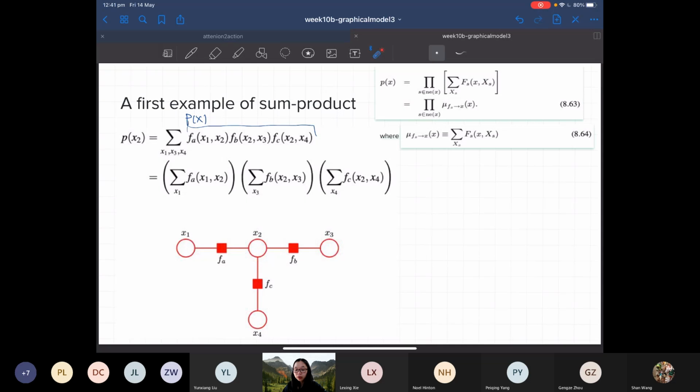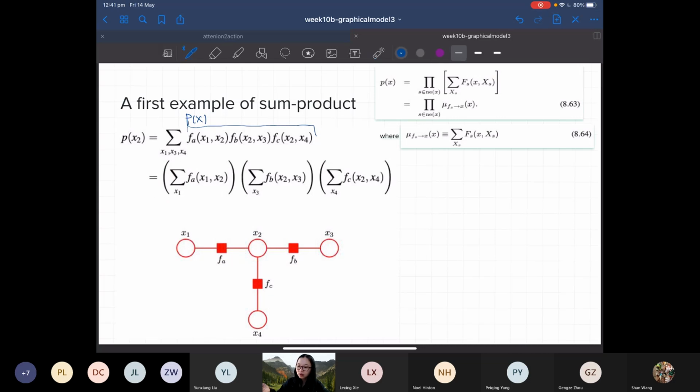What we do is we essentially exchange the order of product and sums, right? We take f of a, for example. We take the product, or basically the product here, because there's only one factor, the product is itself, f of a, marginalized over all the nodes that connect to x2 via f of a, which is x1, right?